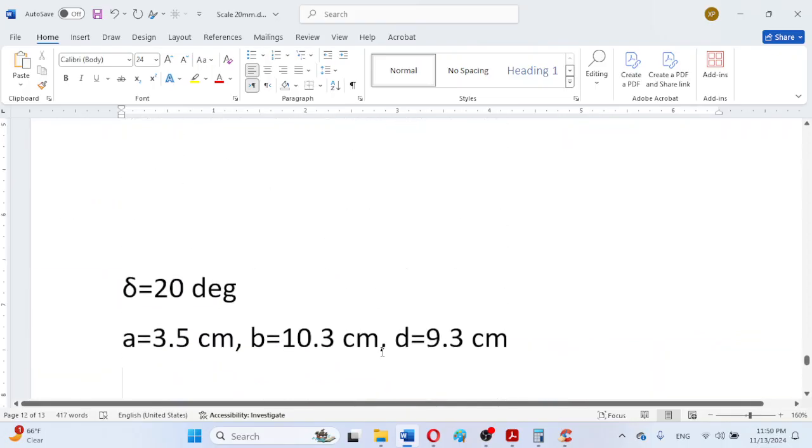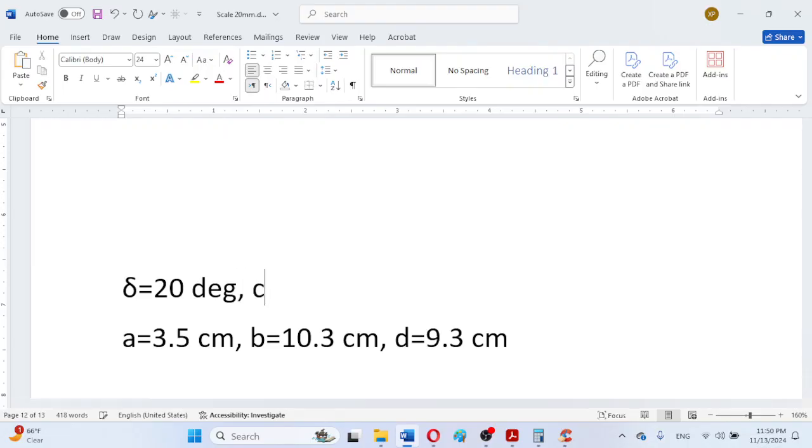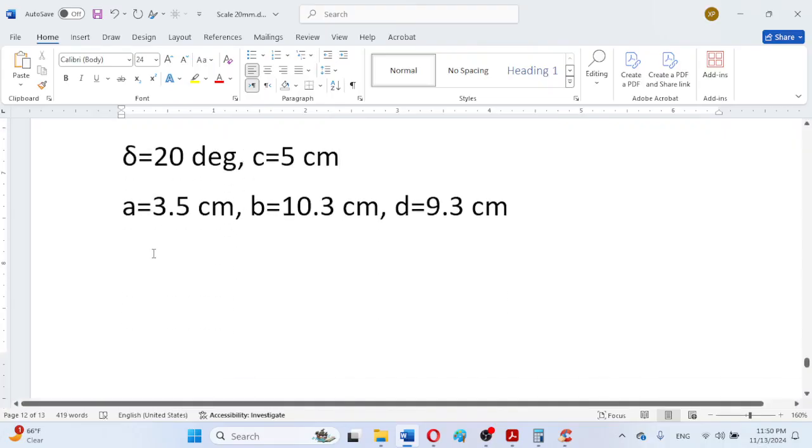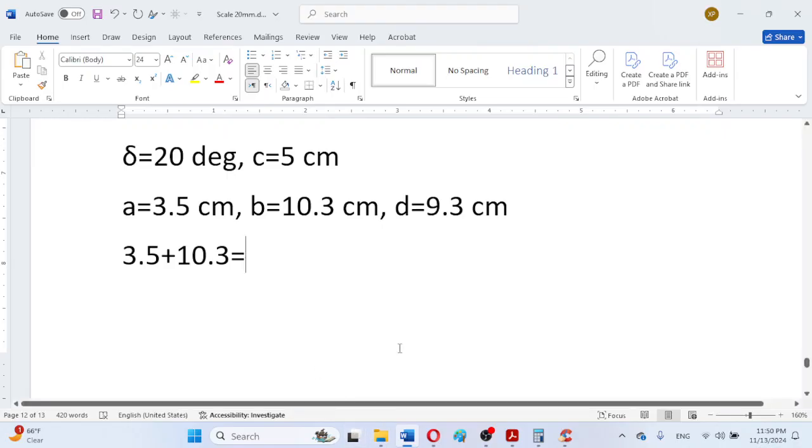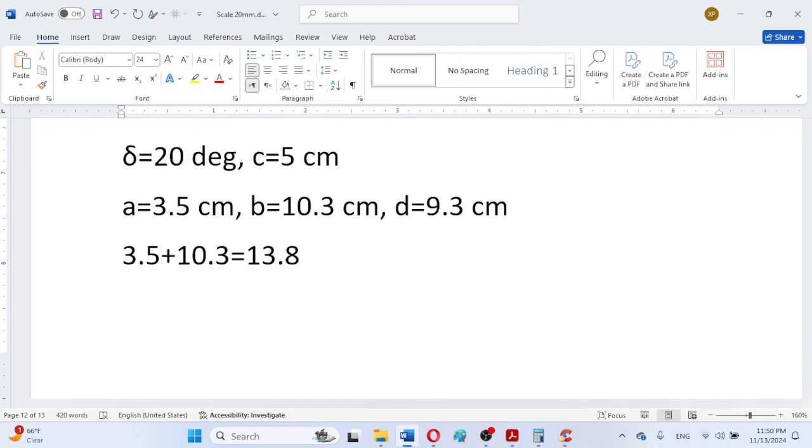So now apply the Grashof law. Also mention here the C, that was actually 5 centimeter. So the smallest link is 3.5, plus the largest link here is 10.3, so this comes out to be 13.8 centimeter.